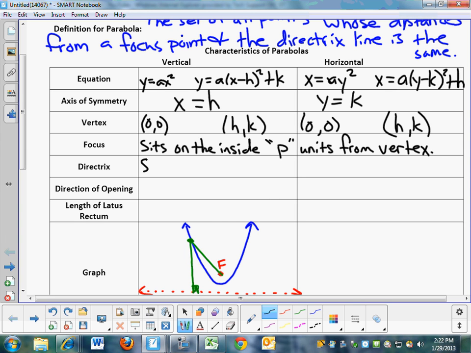The directrix sits on the outside. Guess how far it is from the vertex? Yes, you're so smart.